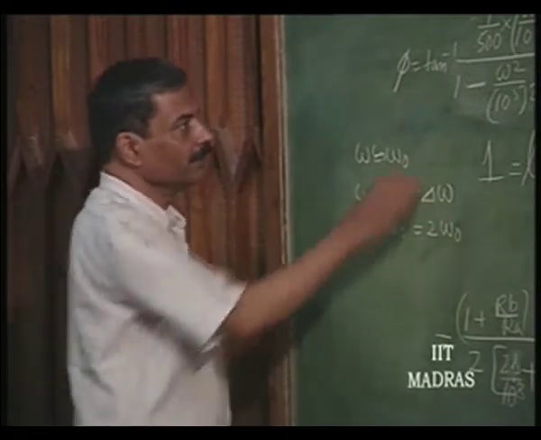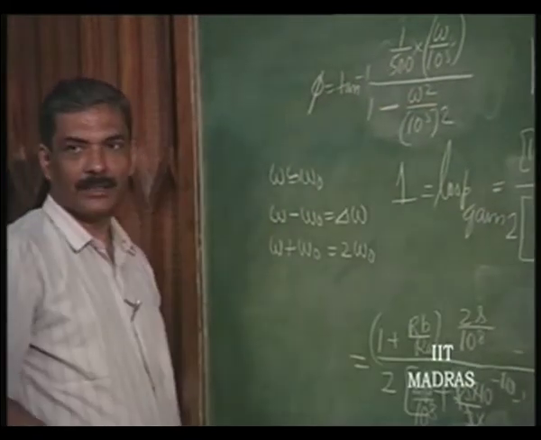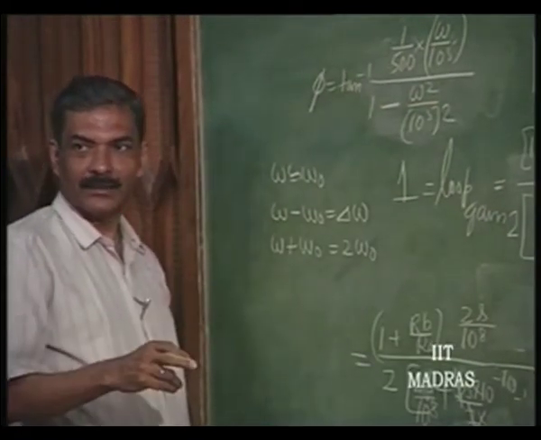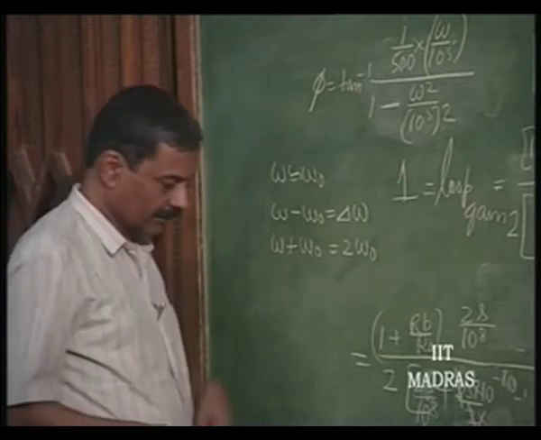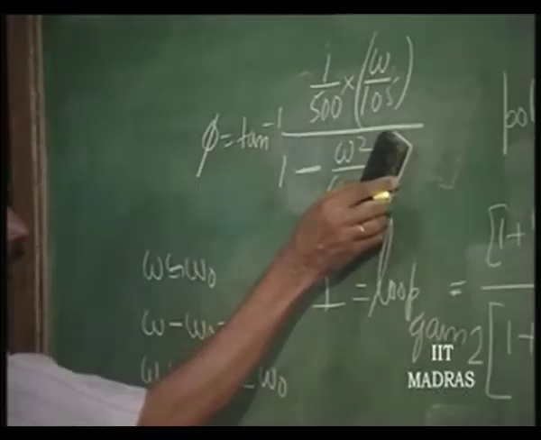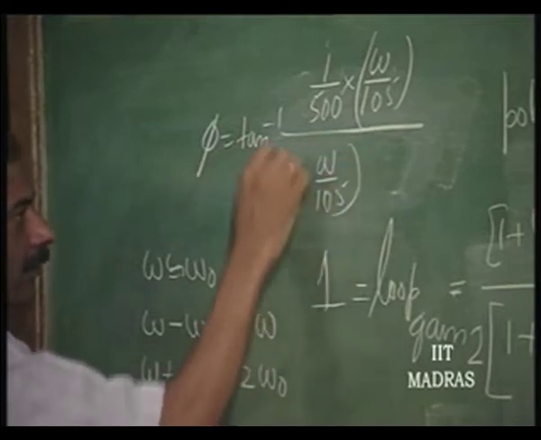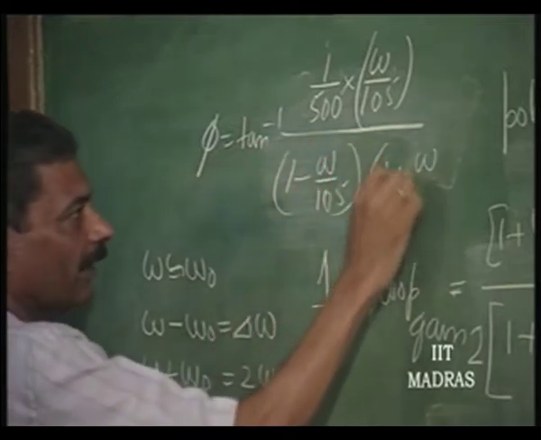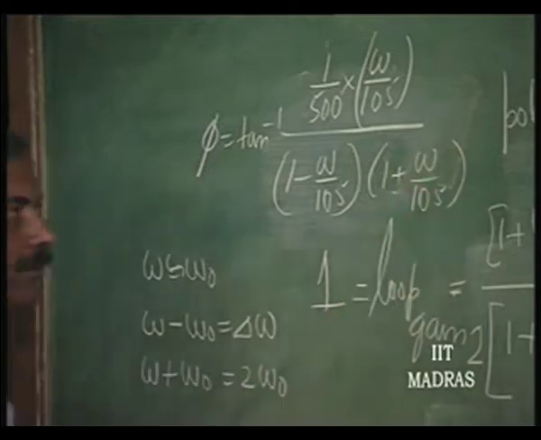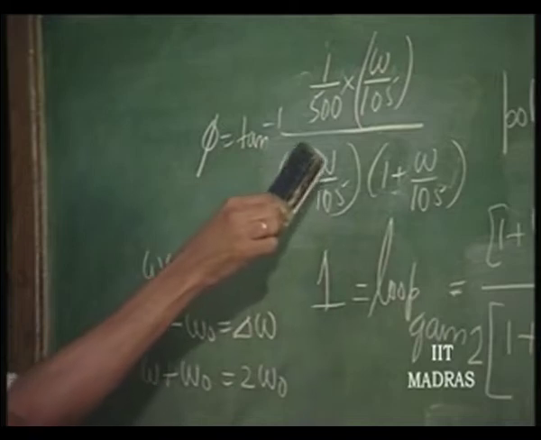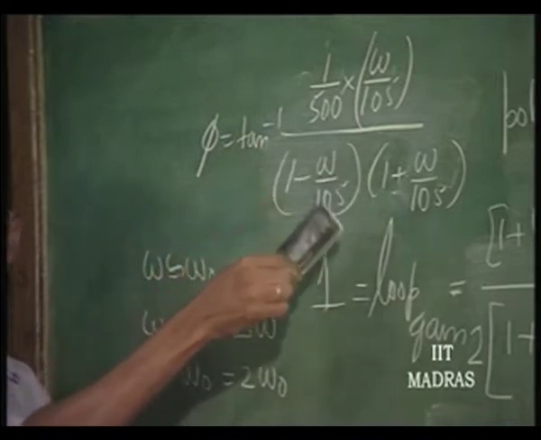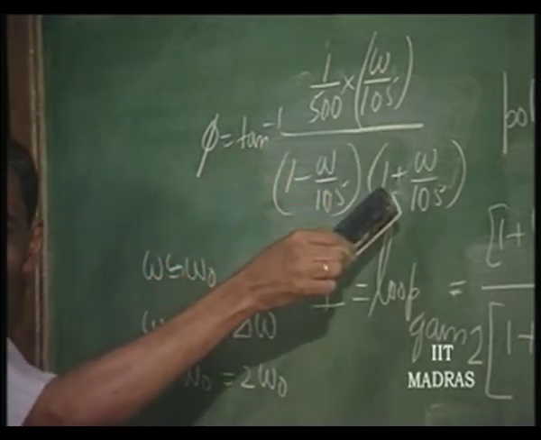If you do that, this 1 minus x squared, okay, is 1 plus x into 1 minus x. So, this denominator can be put as 1 minus omega by 10 to power 5 by 1 plus omega by 10 to power 5, right. So, this quantity is equal to 2 at omega very close to omega naught.